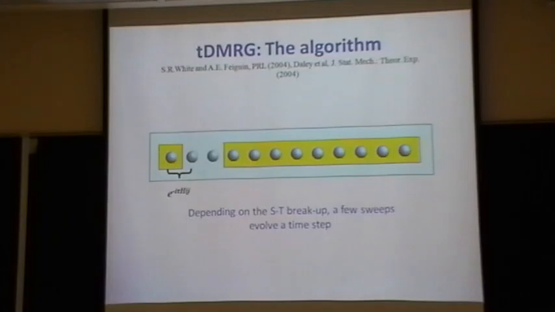If we have a second order expansion, we need to apply it 3 times. First we apply the evolution with HA over 2, then with HB, then HA over 2 again. That's the second order expansion. And if we have a fourth order expansion, we need to do 7 sweeps. Remember the Suzuki-Trotter decomposition for the fourth order. So, as you see, the computational cost is going to be proportional to L and the number of sweeps.